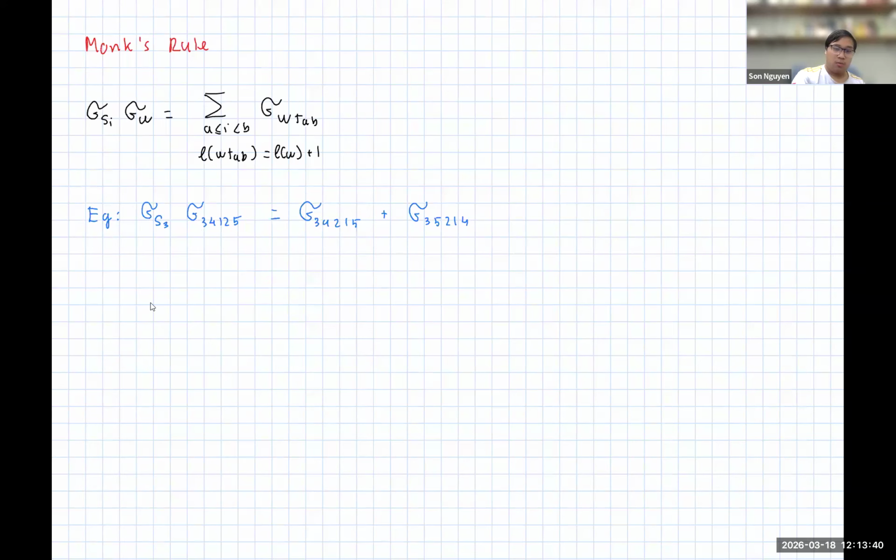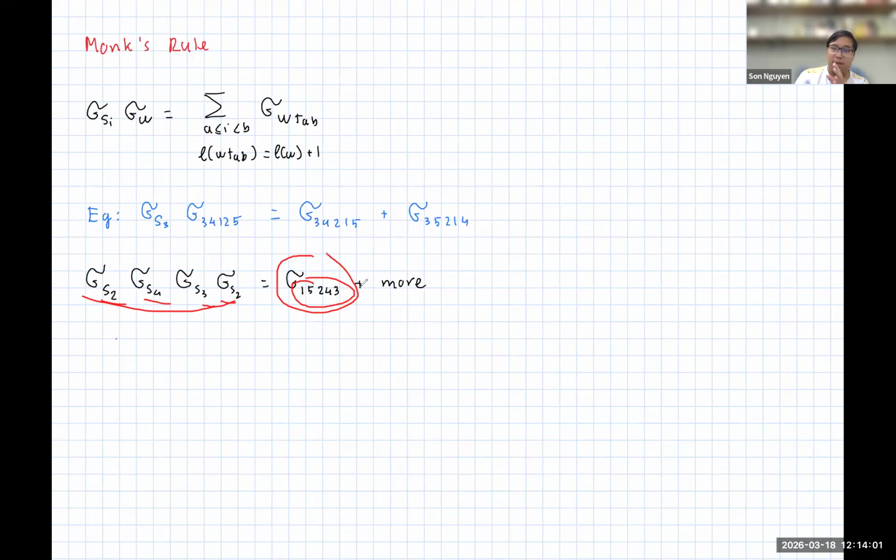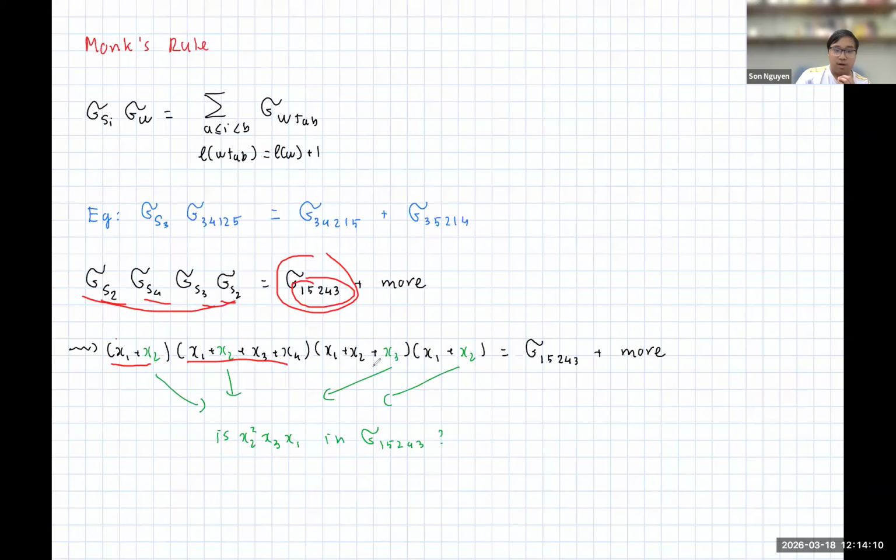What this means is that if I want any Schubert polynomial, I can take some product of simple transpositions. For example, if I want this Schubert polynomial, I can take a product of these and I get a copy of that Schubert and maybe something more. Each Schubert of a simple transposition is just a sum of x1 to xi.